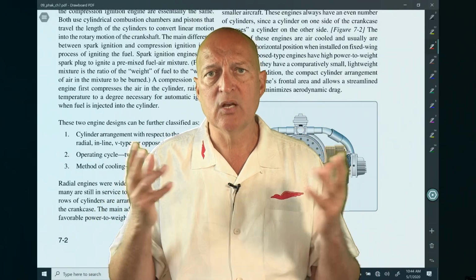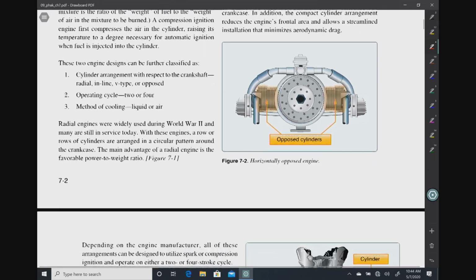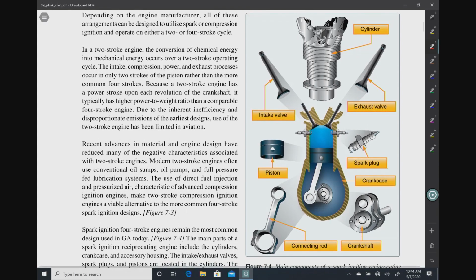One of the things that makes those horizontally opposed engines attractive is that from a performance to weight ratio, they're pretty good, they're easy to work on, and relatively straightforward in their design and operation.